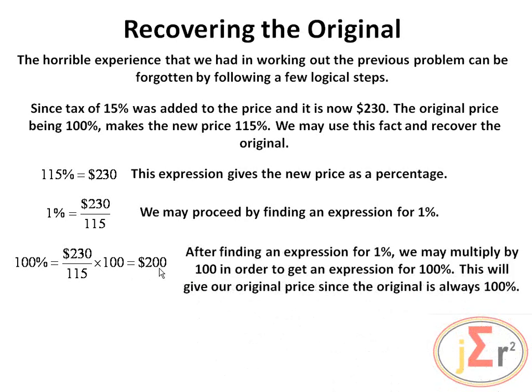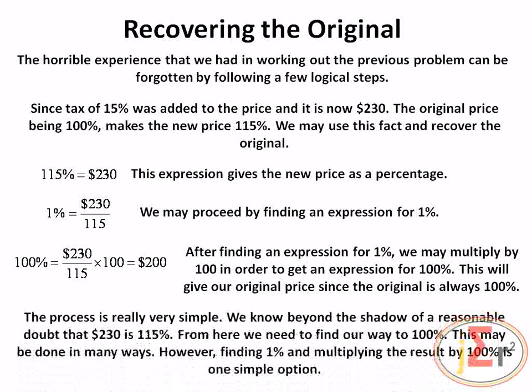After finding an expression for 1%, we may multiply by 100 in order to get an expression for 100%. This will give our original price, since the original is always 100%. The process is really very simple.